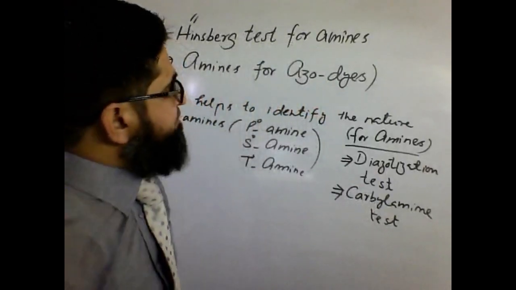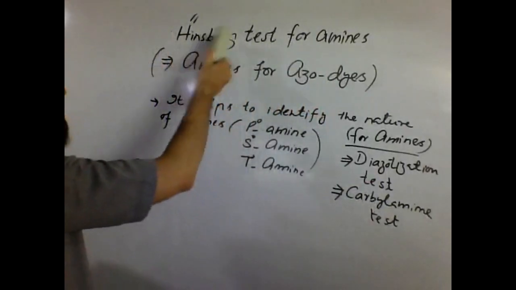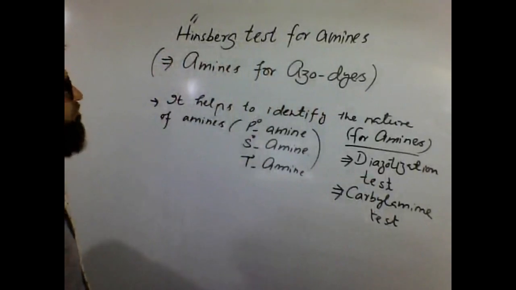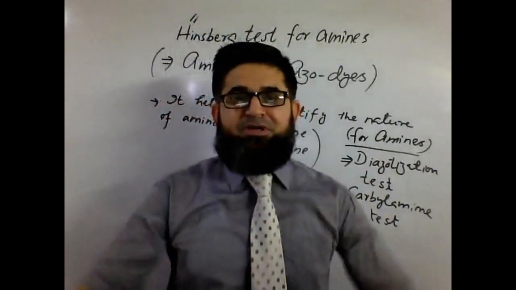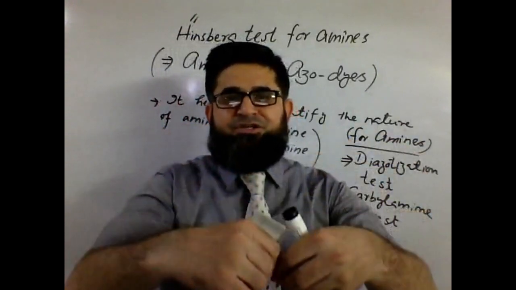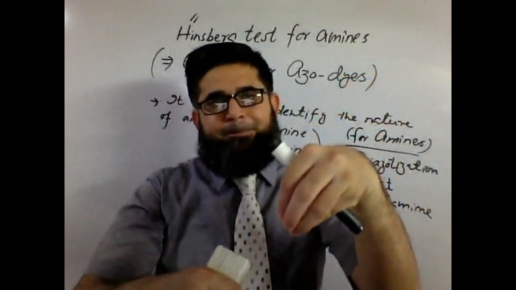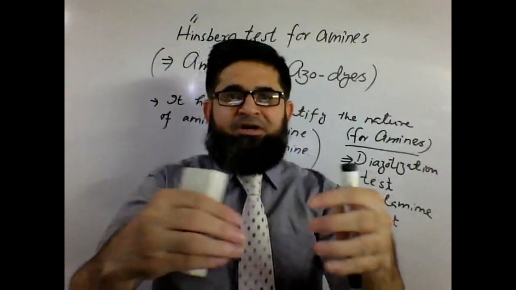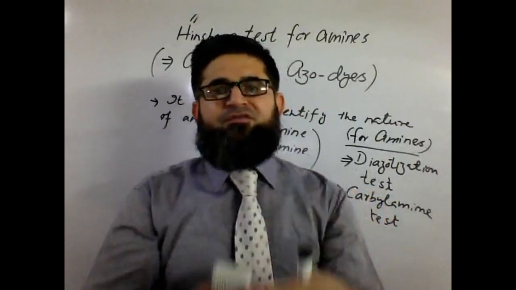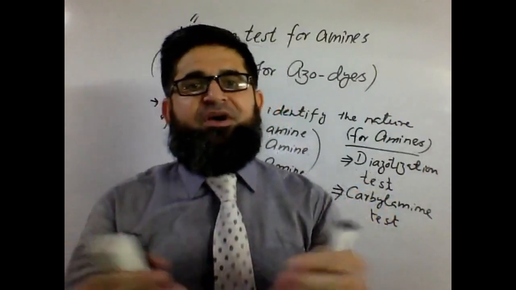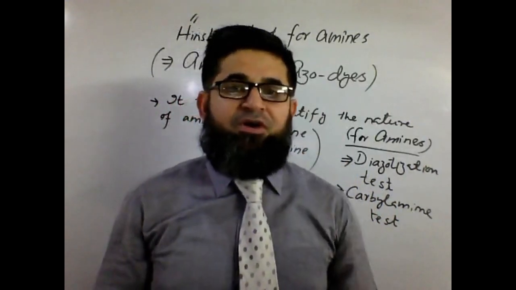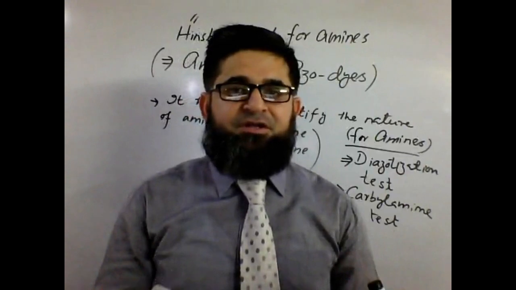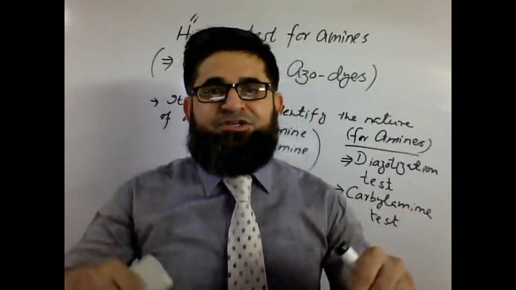Today I am to explain the chemistry of the Hinsberg test, what happens actually inside the test tube when you mix the Hinsberg reagent with the given amine, what appears for the confirmation of the primary amine, then what happens if the amine is secondary, and what will you observe inside the test tube if the given compound is a tertiary amine.